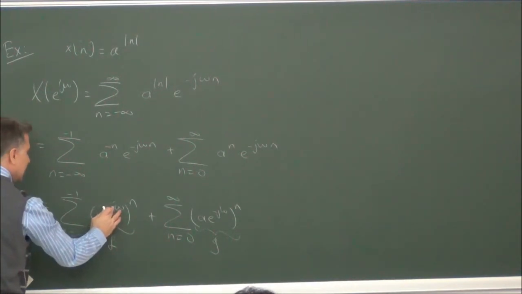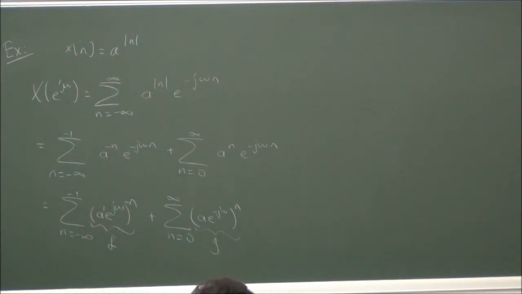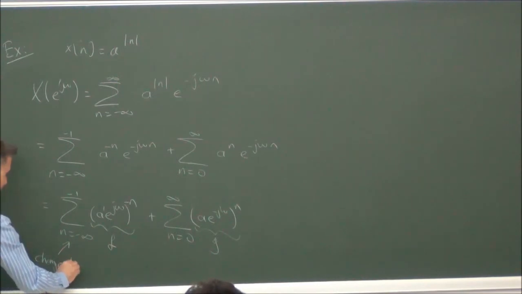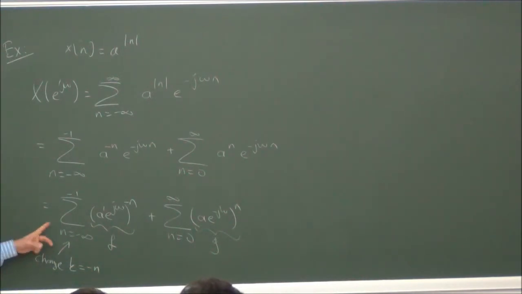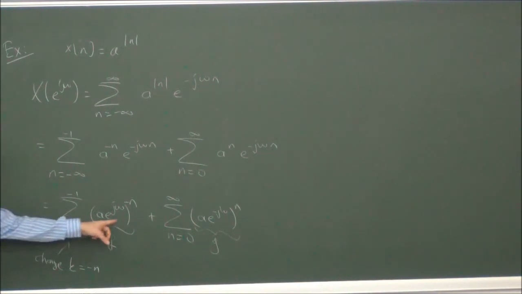Although I said that this is minus, let me put the minus here. You should call something like this: change k is equal to minus n. If you make that kind of an exchange, then this thing will be k from 1 to infinity f to the power k, right? The order and the indexes will be negated. So that's it.